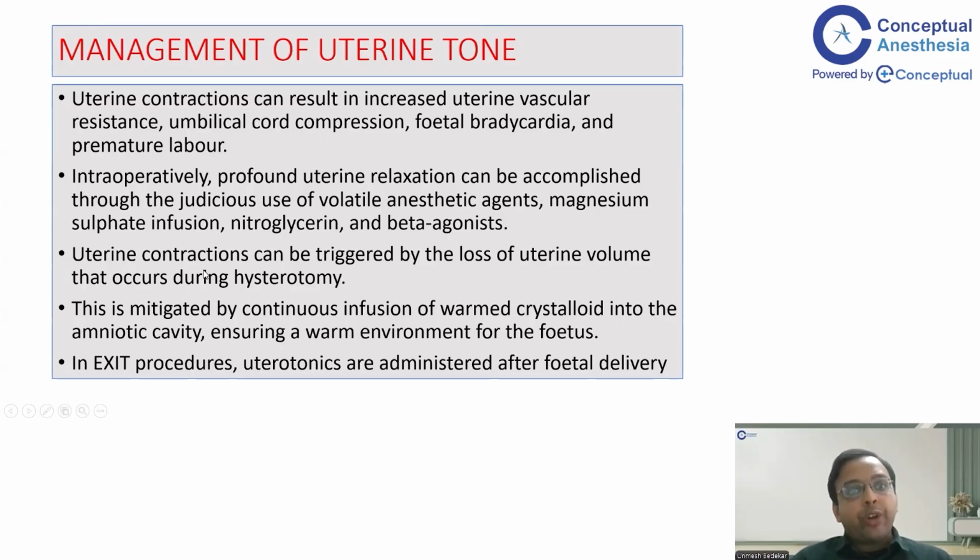Uterine contractions can be triggered by the loss of uterine volume that occurs during hysterotomy. This is mitigated by continuous infusion of warmed crystalloids into the amniotic cavity, ensuring a warm environment for the fetus. In EXIT procedures, uterotonics are administered after fetal delivery.